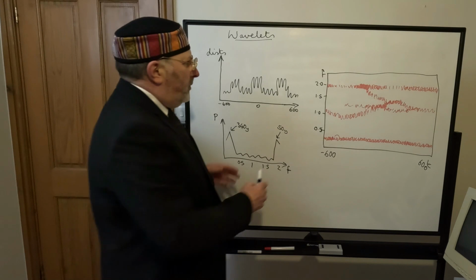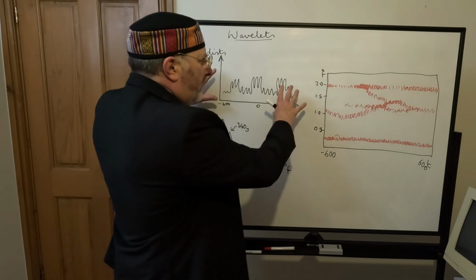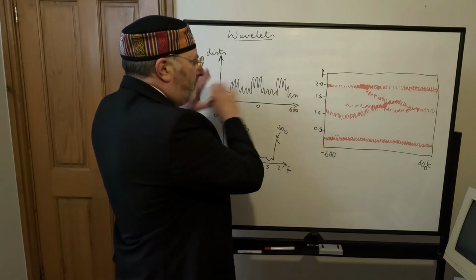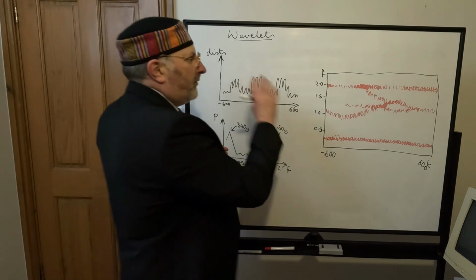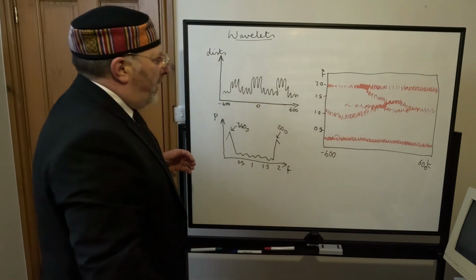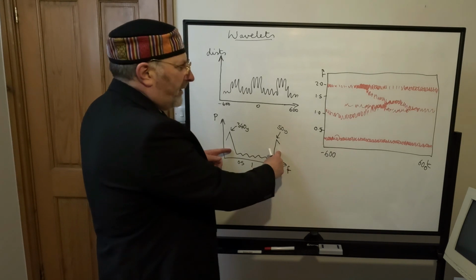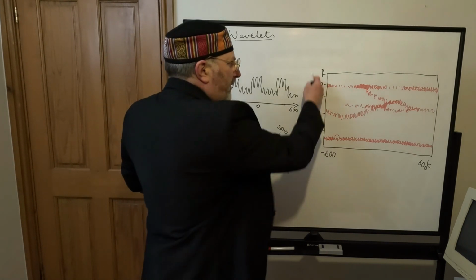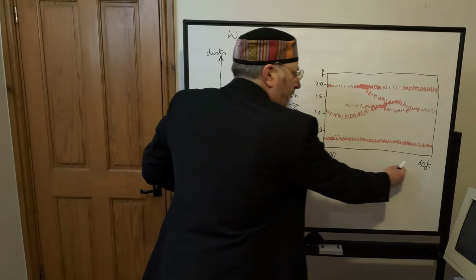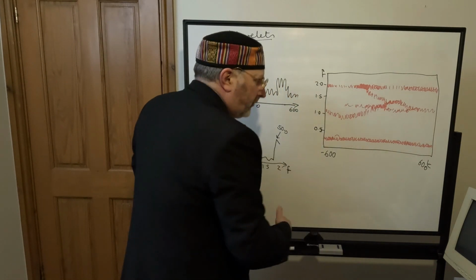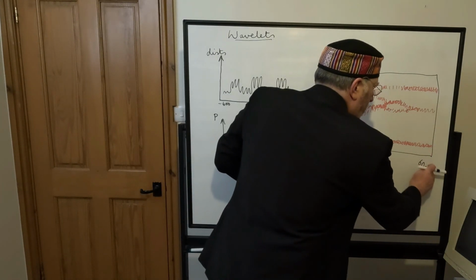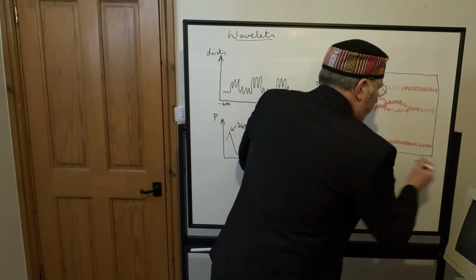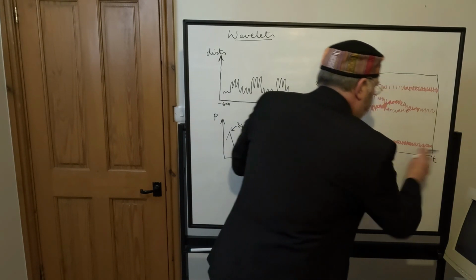Well, we can take the same data and this time do a wavelet analysis of it and get a spectrogram. So now, instead of just looking at what frequencies are present, we can look at what frequencies are present against time. That's the time axis, from 600 BC to AD 600.